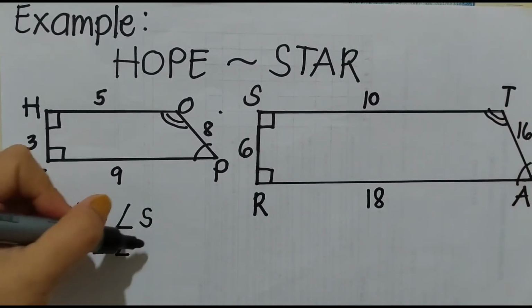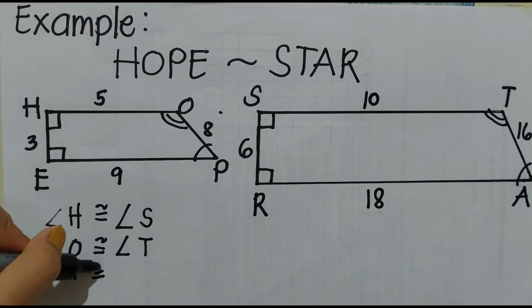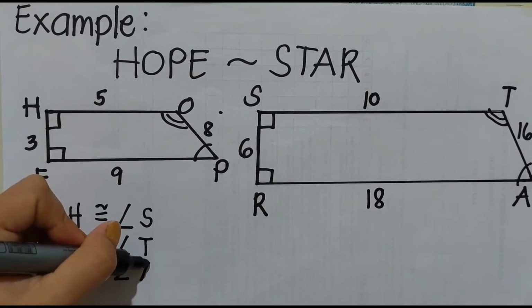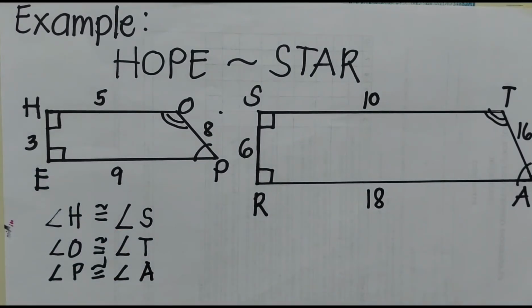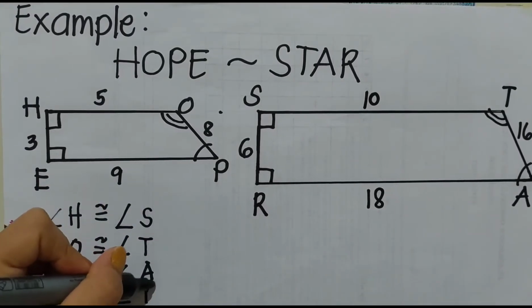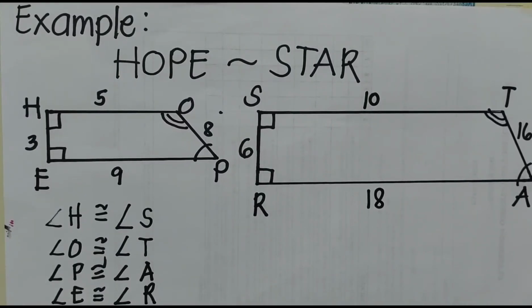Angle T. And angle P is congruent to angle A. As you can see, it is shown here that they are congruent. Then angle E is congruent to angle R. So, since the corresponding angles are congruent, that is one qualification that the two quadrilaterals are similar.